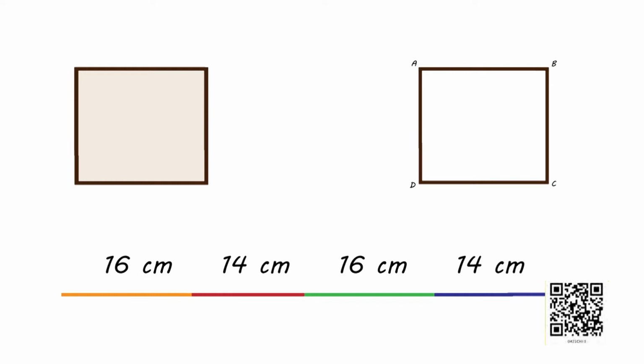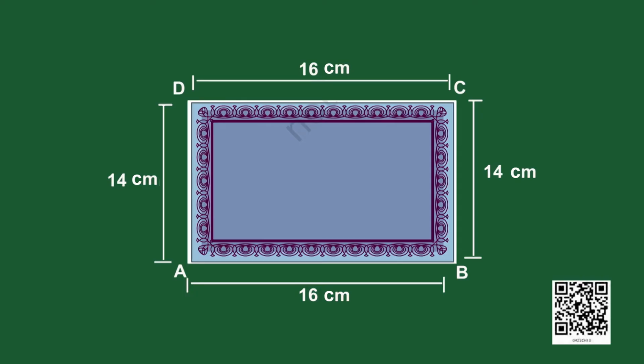Length of one side AB is 16 centimeters. What is the length of the side BC? It is 14 centimeters. What is the length of the side CD? It is 16 centimeters. What is the length of the side DA? 14 centimeters.